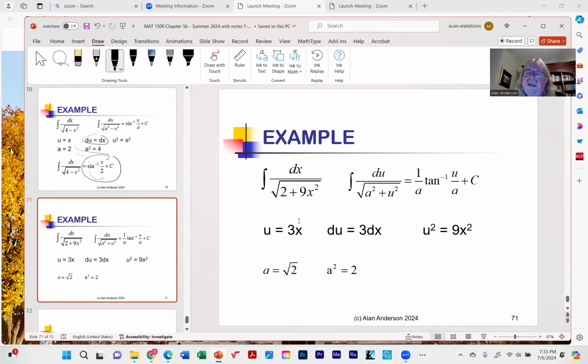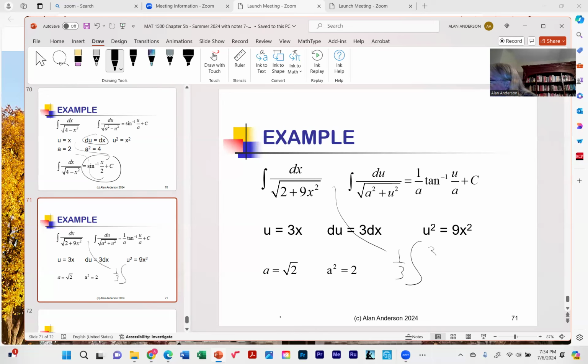u is 3x, because as you can see, if we square it, we'll end up with 9x squared. So our a is radical 2, and a squared is therefore 2. u is 3x, du dx is, or du is 3 dx. Oh, see, now that complicates things because we don't have that 3, do we? So we have to do one more thing here.